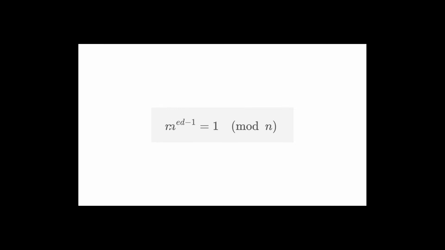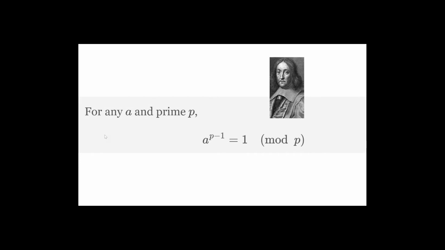It says that if you have a prime number p and you have any value a in the range 0 to p minus 1, so in the normal range, if you take that value a and you raise it to p minus 1, then it's equal to 1 modulo p. That result is going to be proven later, but for the moment, we're just going to use it and take it for granted.